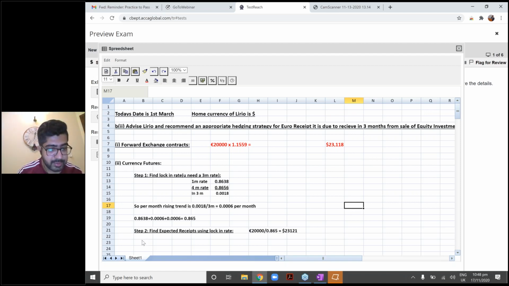And the last step is to find the number of contracts. How much are you receiving? $23121, it's in thousands.